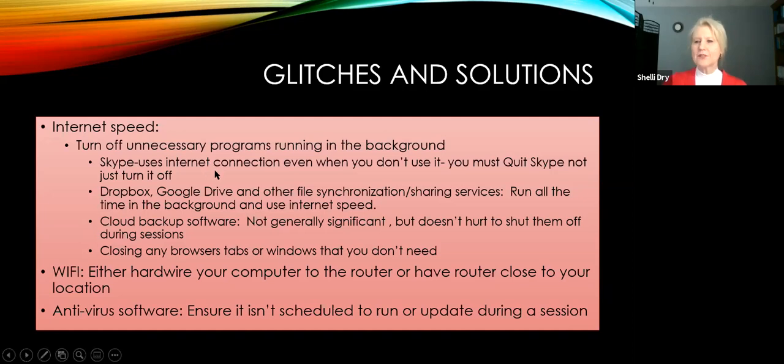Or you want to make sure that you have your router nearby, or you're setting up close to your router. The other thing you want to consider with your Wi-Fi, one of the things that I've done is I've put those Google spots throughout the house because I have multiple levels, and so I want to make sure we have good access wherever we're doing therapy.